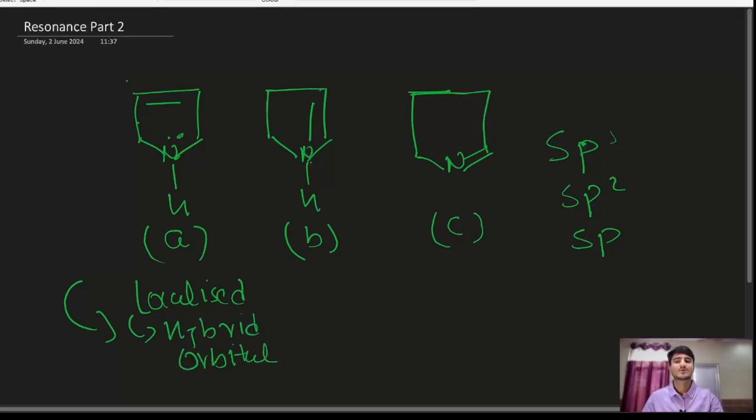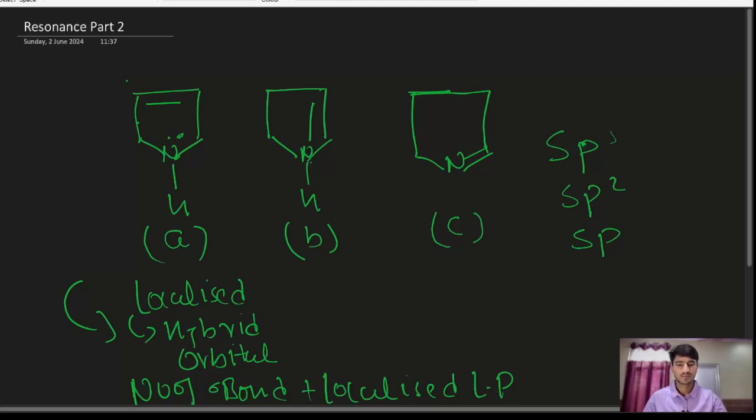So if we have to calculate its hybridization, we have to calculate number of sigma bonds plus localized lone pairs. As we can see, there is one localized lone pair and number of sigma bonds 1, 2, 3.